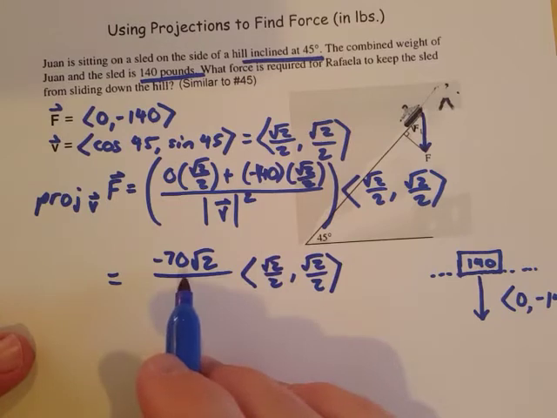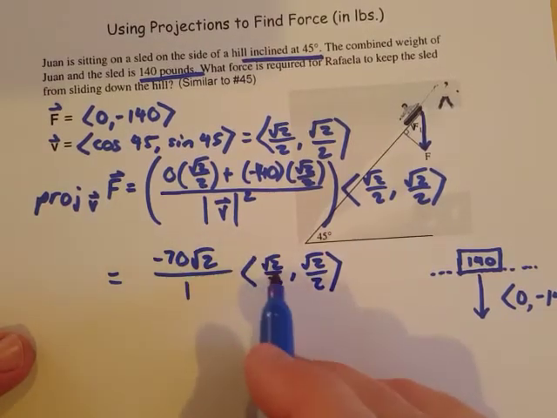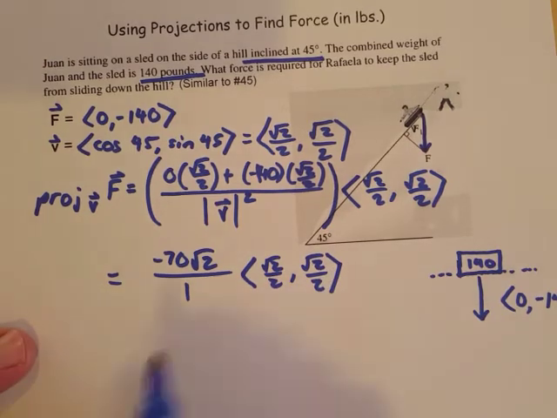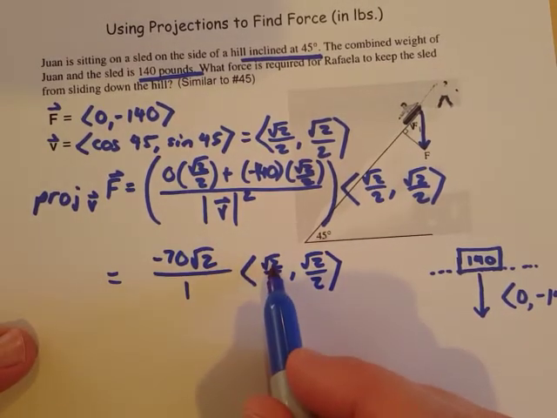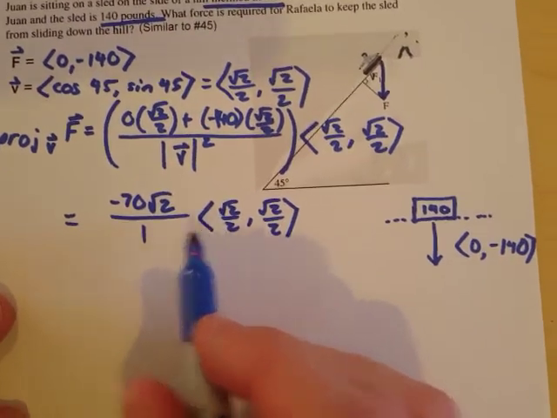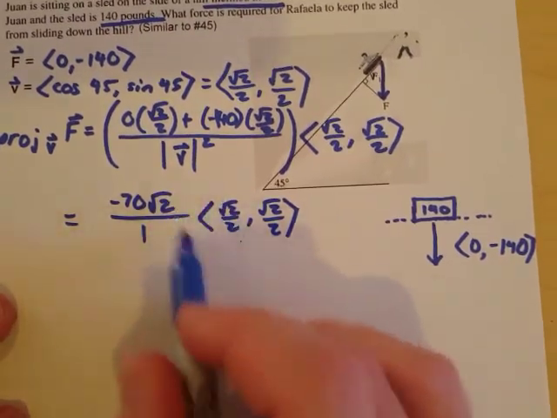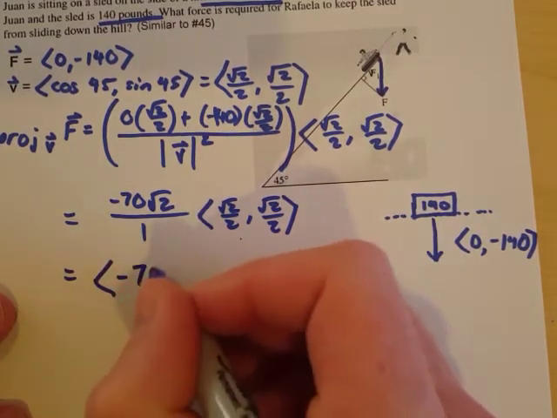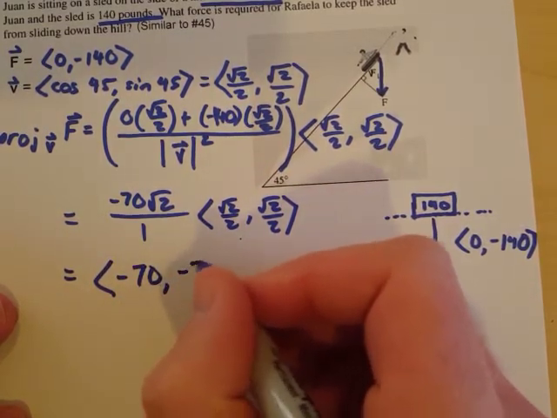Now we want to distribute this in. Luckily it's the same thing on both of those. And square root of 2 times square root of 2 is 2, so that's 2 divided by 2. All those 2's basically just cancel out. And what we get for this vector is negative 70, negative 70.